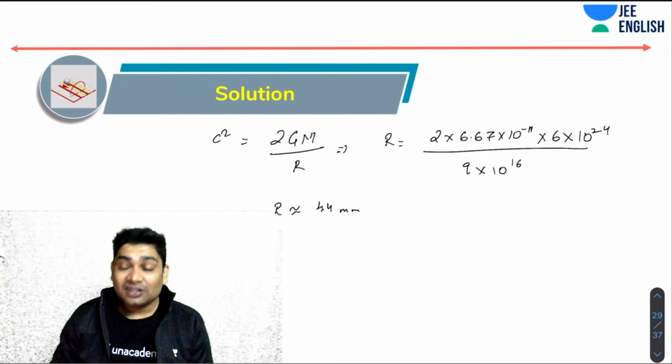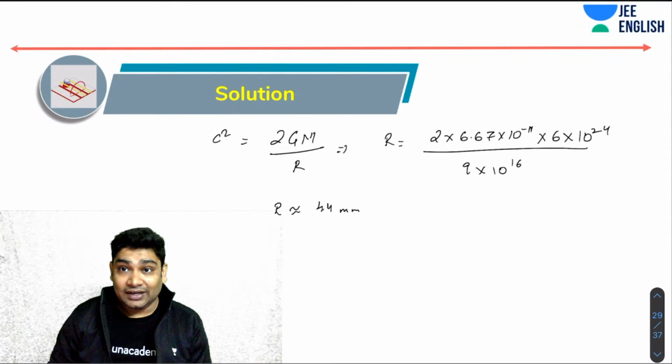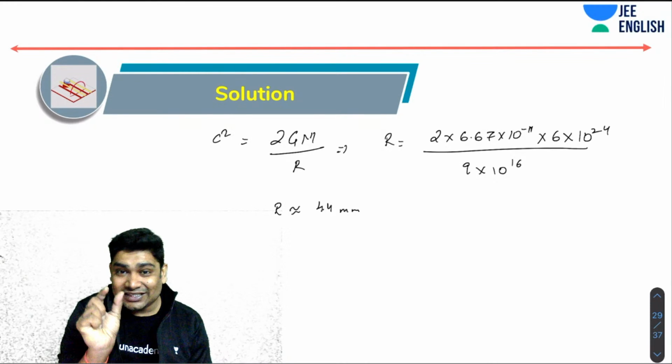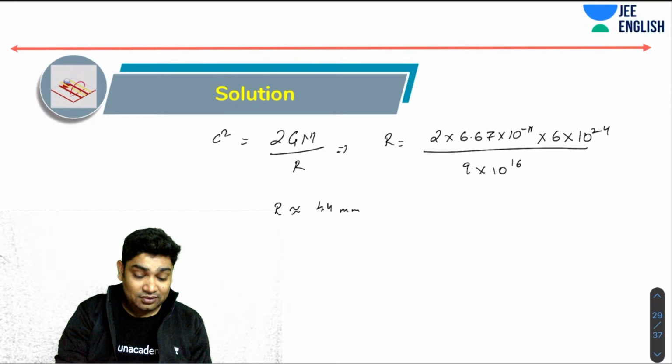Otherwise let's just solve this. So that is what it comes out to, interestingly. So if you could shrink the entire Earth's mass into a small radius of this, so 2 into 6.67 into 6 over 9.